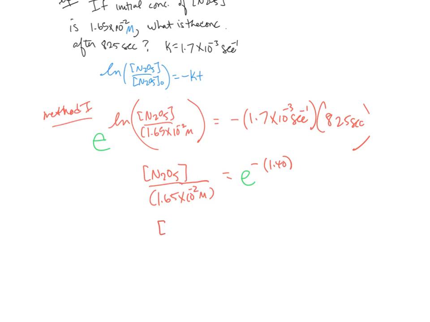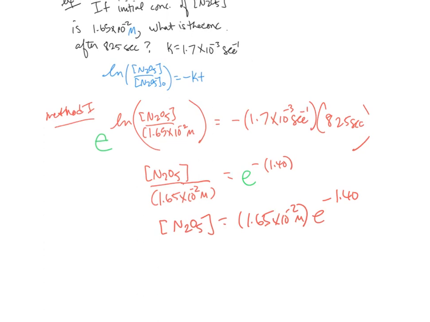Next step is multiply the initial concentration. So you're going to get N2O5 will be 1.65 times 10 to the minus 2 molar multiplied times e to the minus 1.40. So you put the 1.40 in your calculator, take the negative of it, and then take the inverse natural log of that number for the next step here.